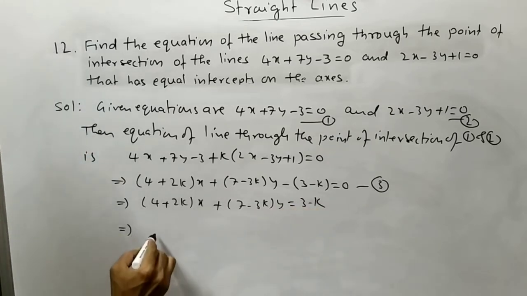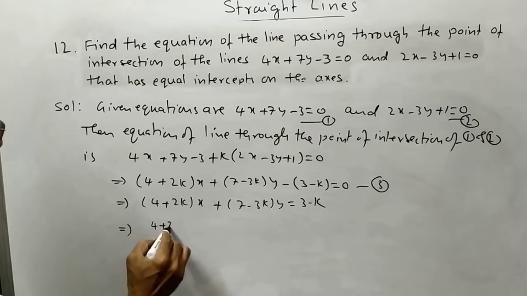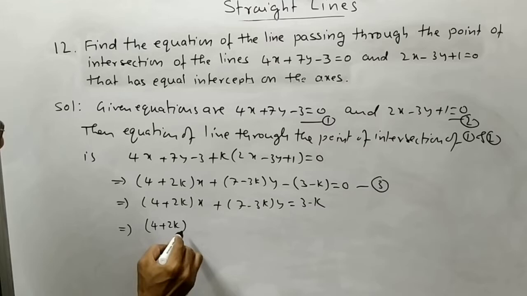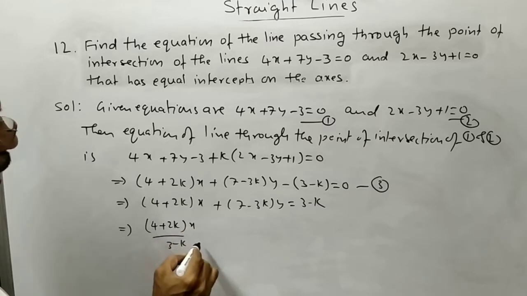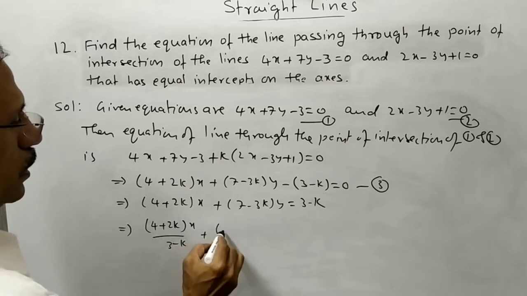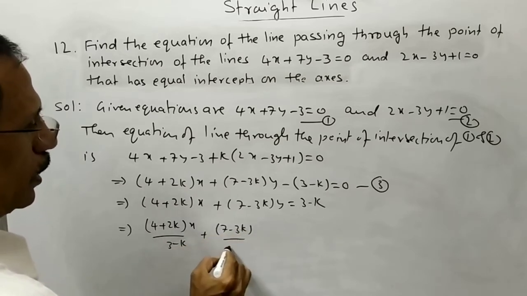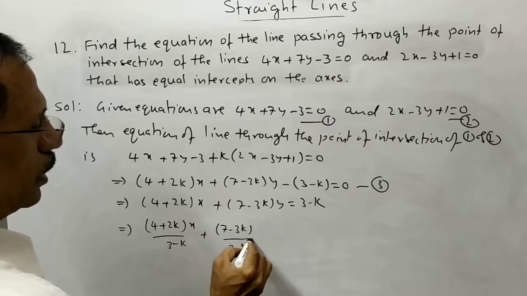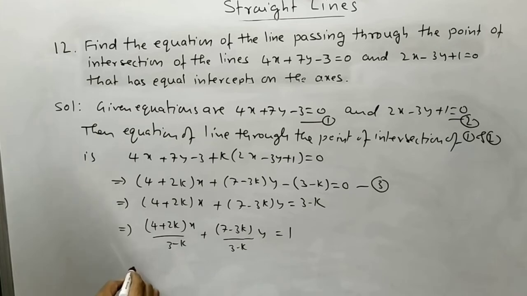This implies 4 plus 2k into x divided by 3 minus k plus 7 minus 3k divided by 3 minus k into y is equal to 1.